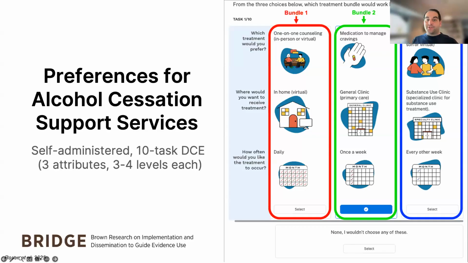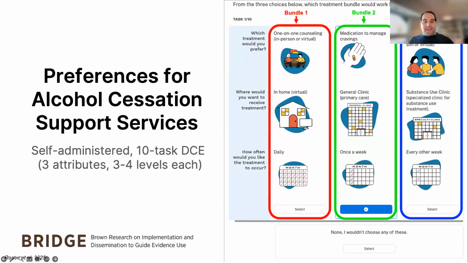These 3 attributes are service modality, so what participants are getting; frequency of delivery, or how frequently they're getting it; and the setting of implementation, so at what venue participants would be receiving these services.